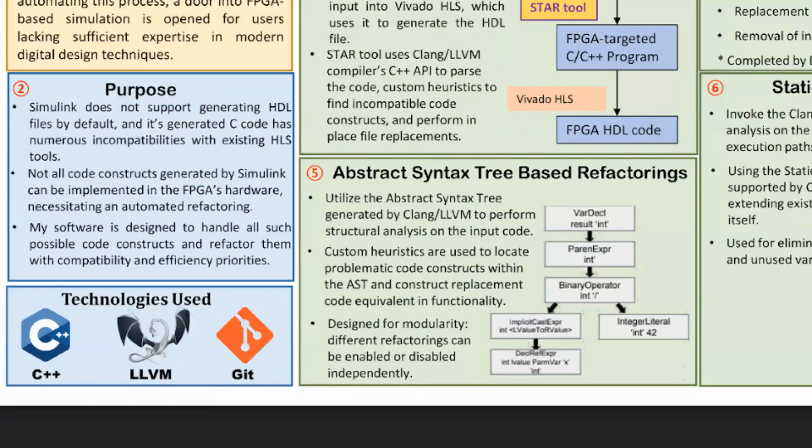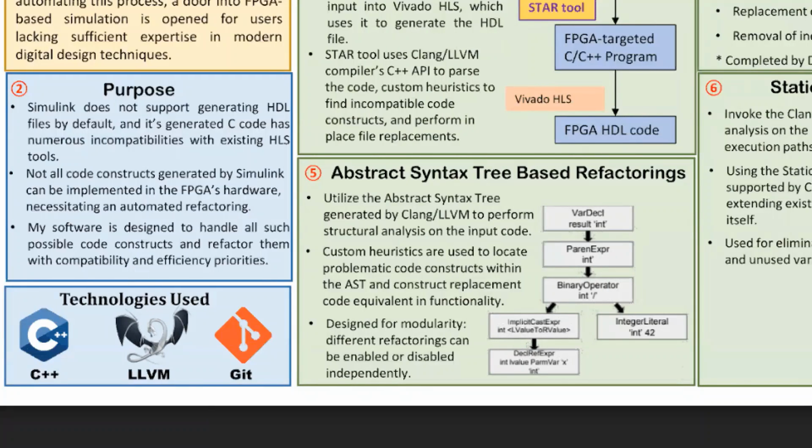For example, if you want to enable or disable various refactorings or optimizations, you just pass certain command line flags, and based on the flags that you pass in, you have the option of enabling certain refactorings to be performed and disabling other refactorings.